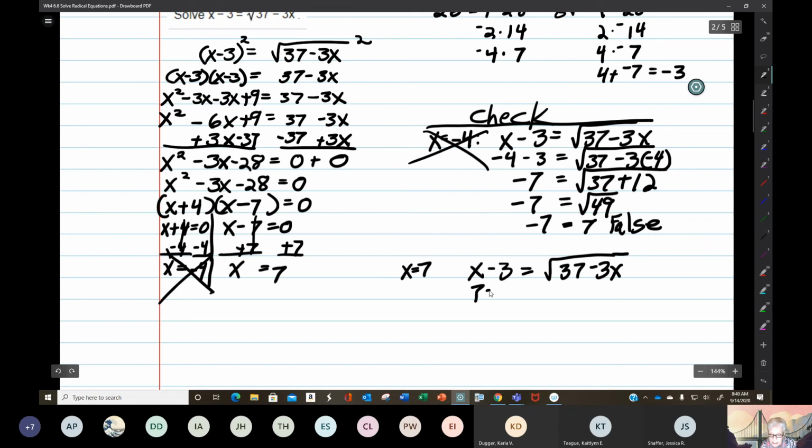So 7 minus 3 equals the square root of 37 minus 3 times 21. Oh, no. You see what happens?